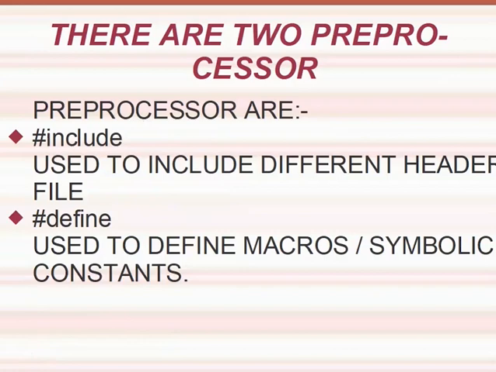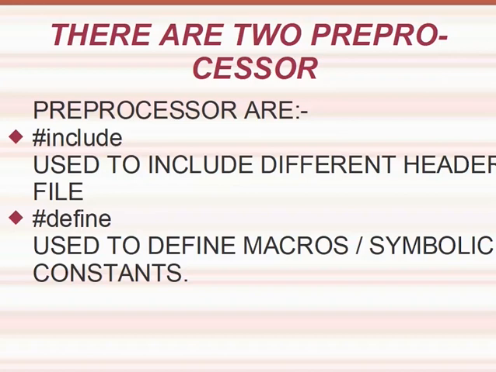preprocessor. In C language, there are two preprocessors that we are going to use. First is include and second is define. Include is used to include different header files you want to use in your program.